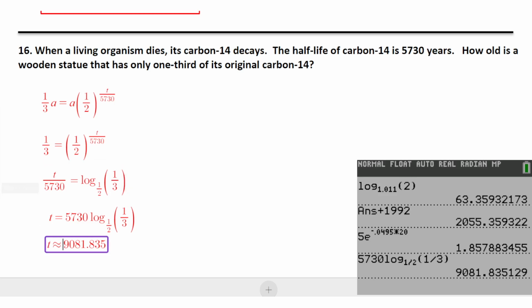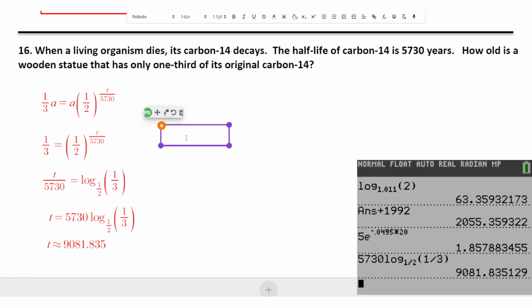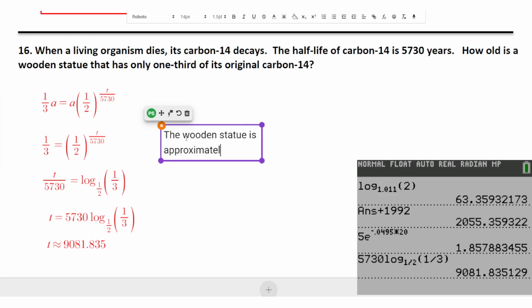Wow, that's pretty old. So yeah, our answer in context here, we'll say something like the wooden statue is approximately 9,081.835 years old.